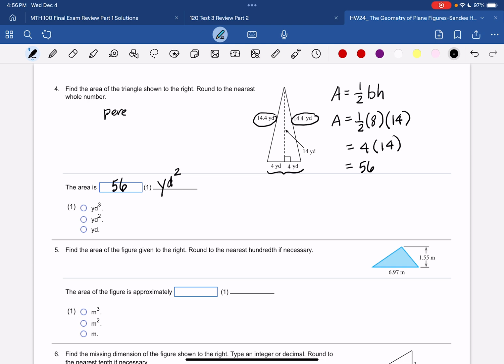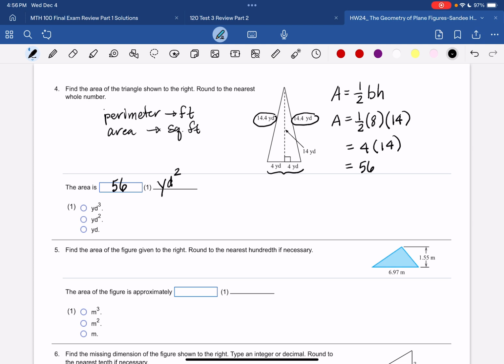Perimeter would be in feet. Area would be in square feet.